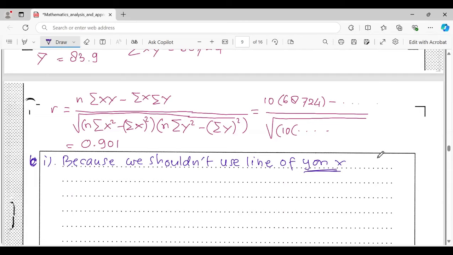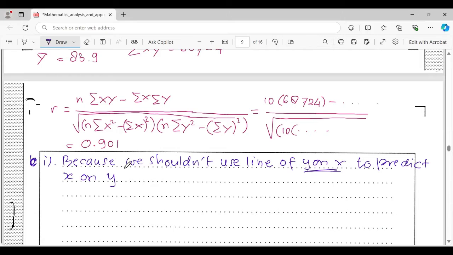Y on x to predict x on y. Okay, as you know that test A is the variable x, and test B the variable y. So we shouldn't use line of y on x to predict x on y, to predict the opposite.